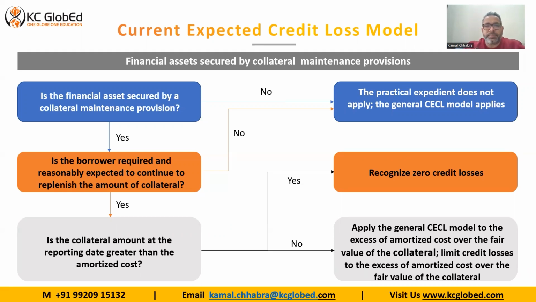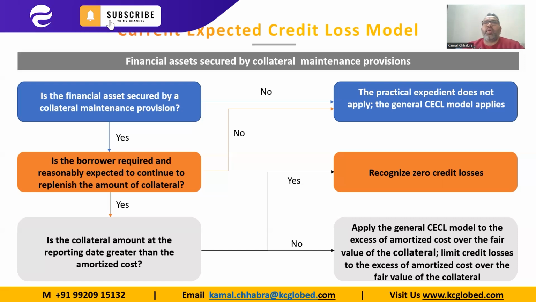What does this third statement mean? Collateral amount. The collateral here is the vehicle. Is the value of the vehicle on collateral more than the book value of the loan given? If the answer is yes, then recognize zero credit loss because you already have collateral more than the value of the loan given.